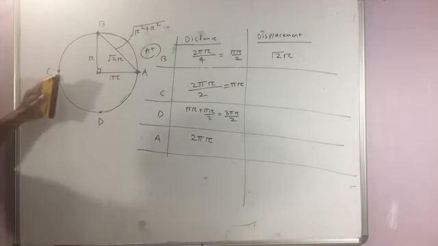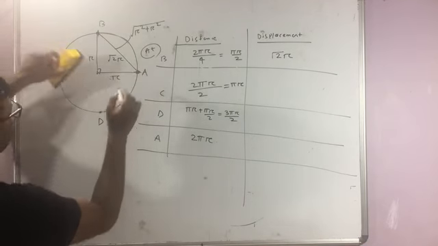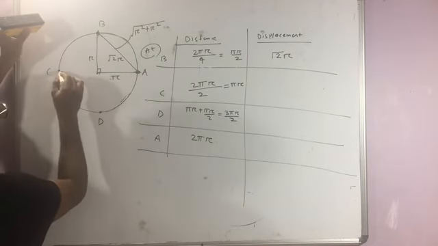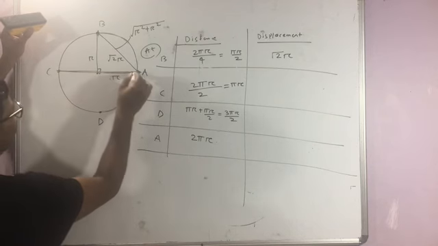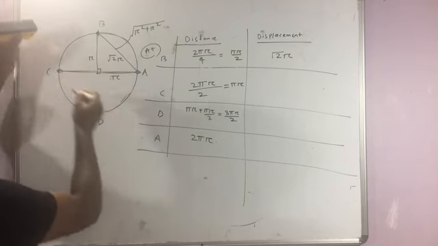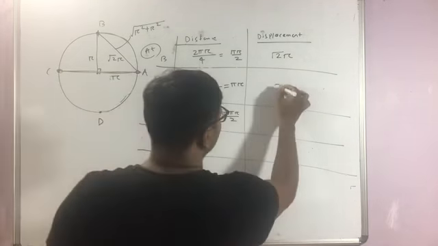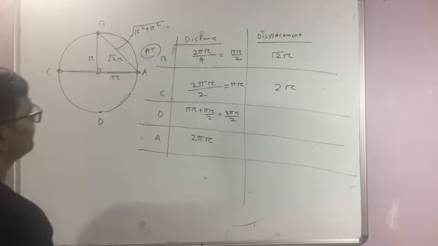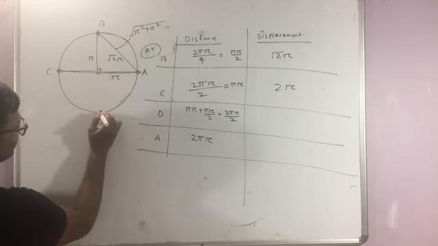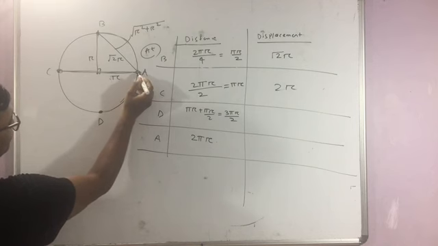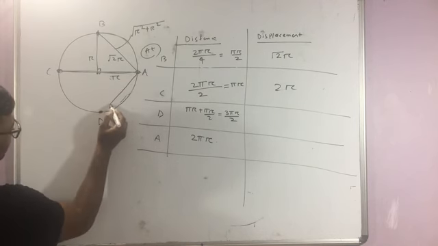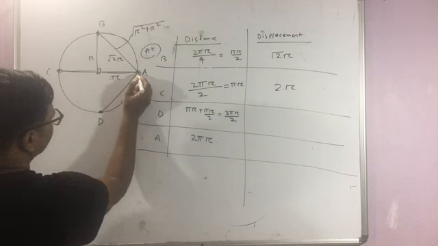Now if the object is at point C, if you join the initial and final point, you will see it is nothing but the diameter of the circle. So the length of the diameter will be 2r. Now at point D, if you join, you will find this chord here.